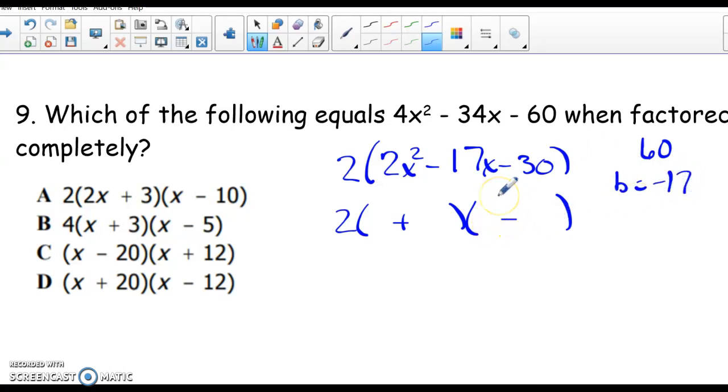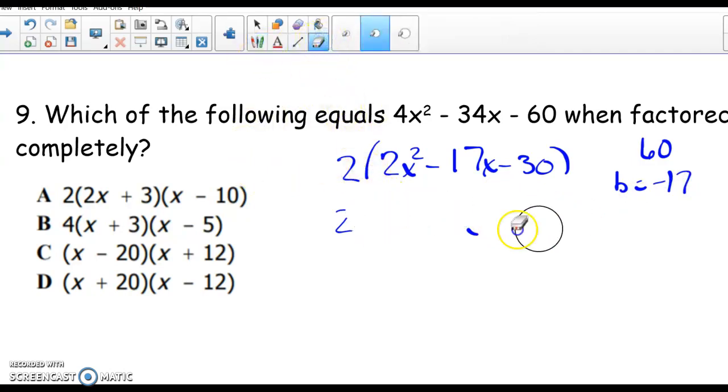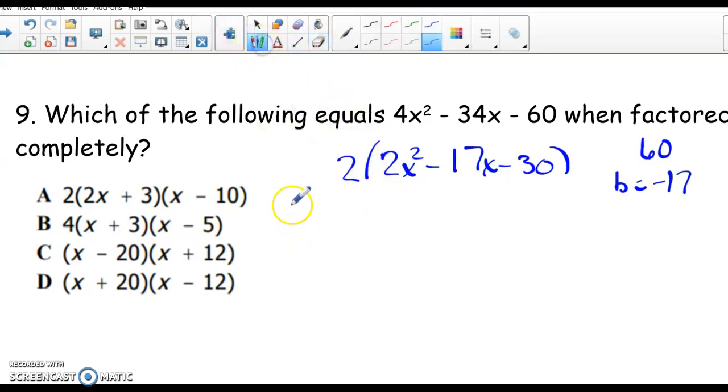Okay, so when I bring that out and I actually factor it, let's use our AC method on that one so that we can actually see the factoring taking place. All right, I'm going to bring down my 2x squared. I'm going to bring down my minus 30. What can I multiply to get 60? That when I subtract, I get that 17, and it needs to be a negative 17.